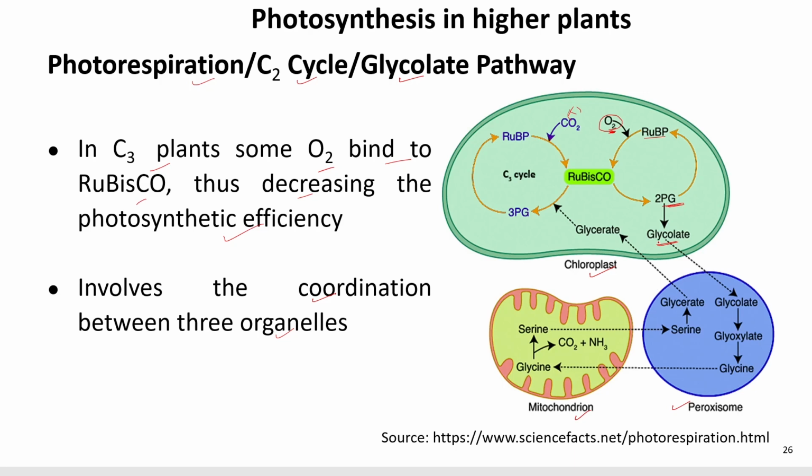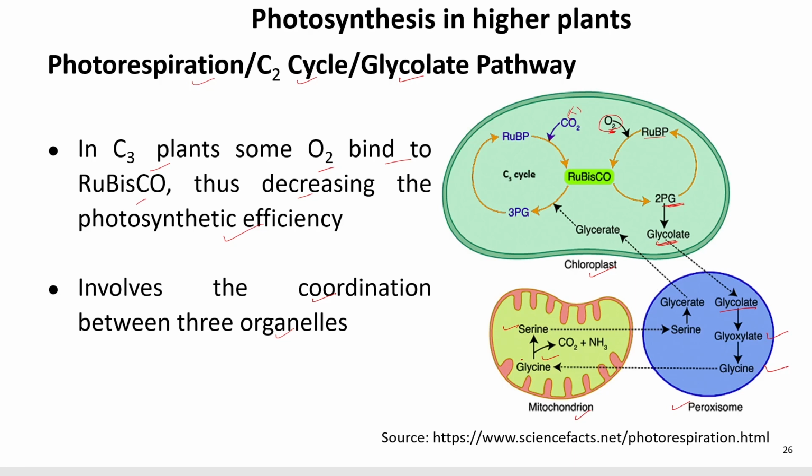Now this glycolate which is produced enters the peroxisomes. Then glycolate is converted into glyoxylate. Glyoxylate is converted into glycine. Now this glycine enters mitochondria. Glycine is then converted into serine within the mitochondria.